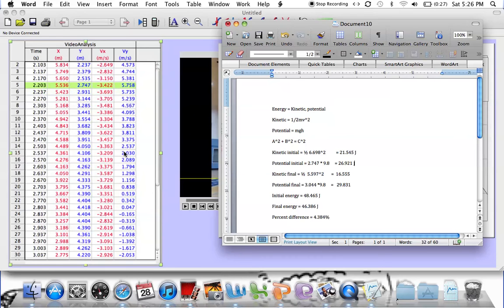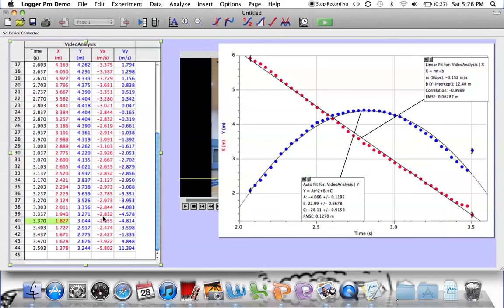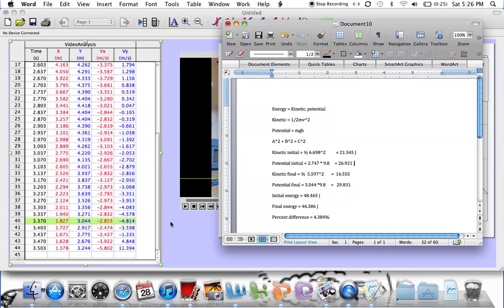Now, for our final kinetic energy, that takes place at time 3.370 seconds, as highlighted to the left here. Once again, we use the Pythagorean theorem to determine our velocity, and it comes out to be 5.597 meters per second.